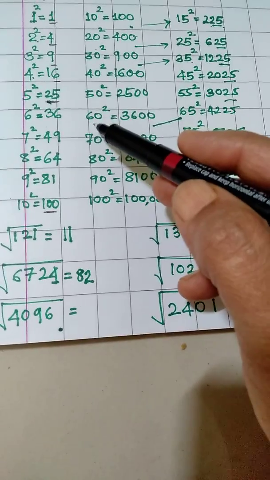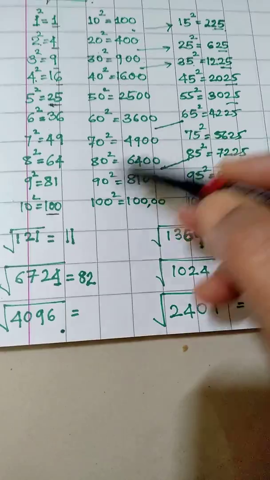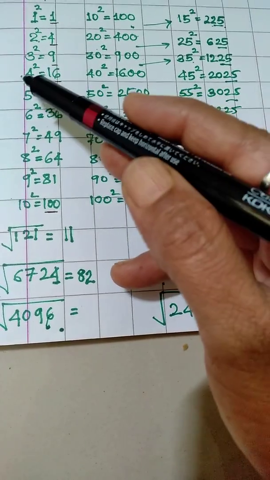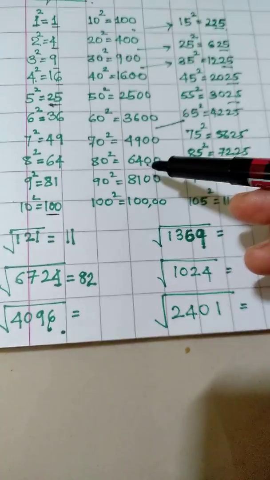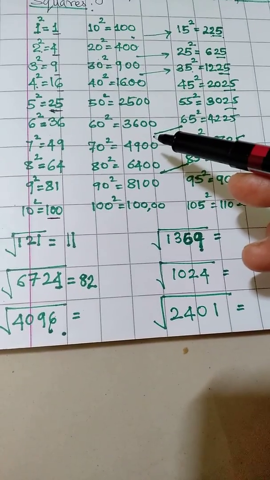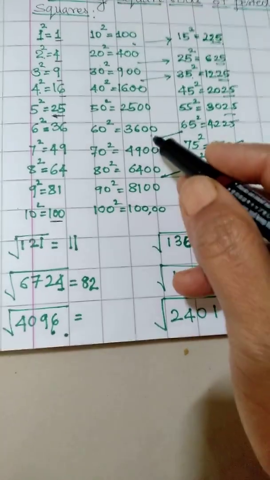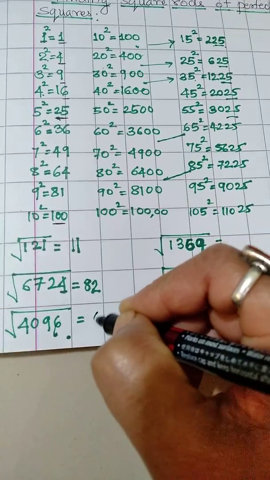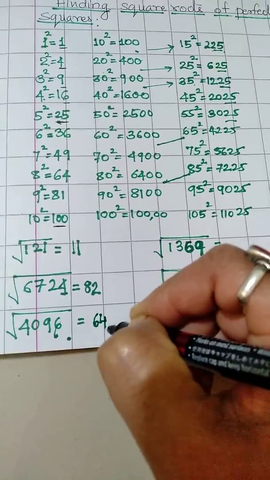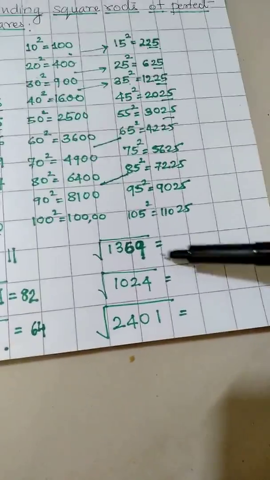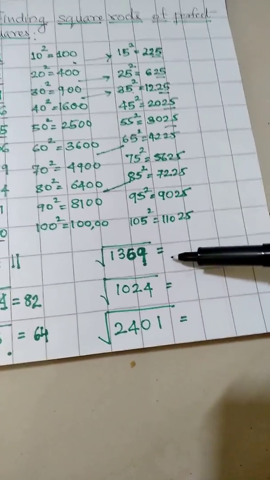So the square root has to be between 60 and 65. Now check the units place number, 6. So 4 should be in the units place. 64 is the number. Did you get it?